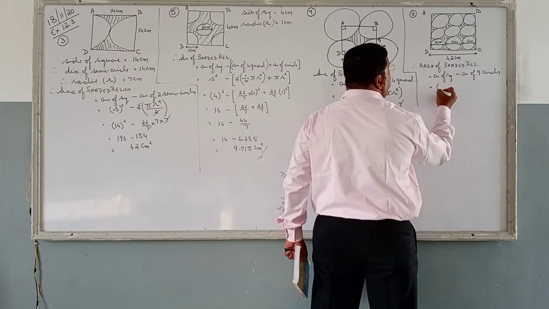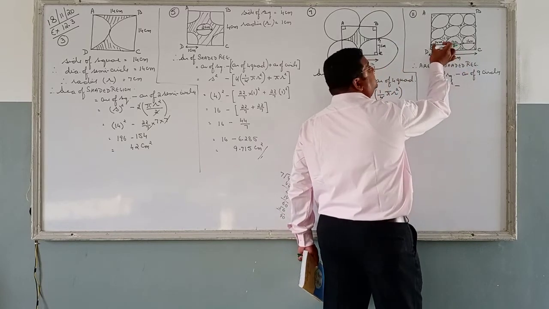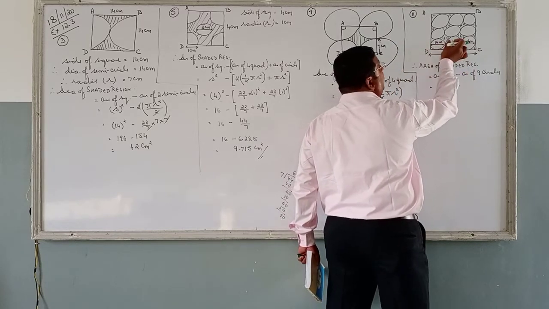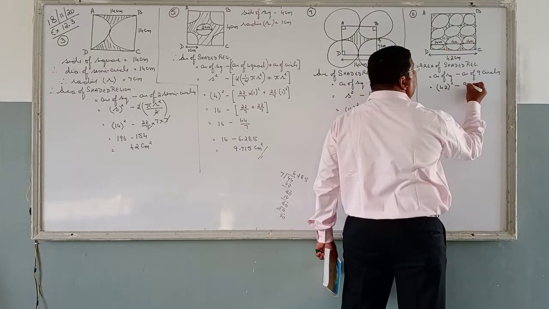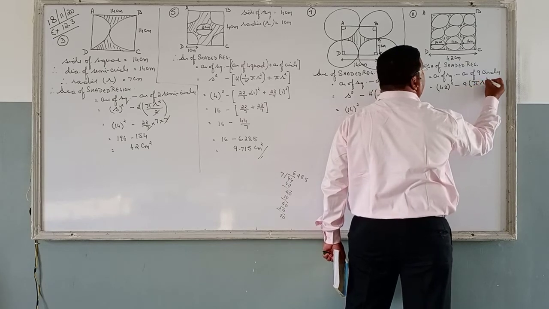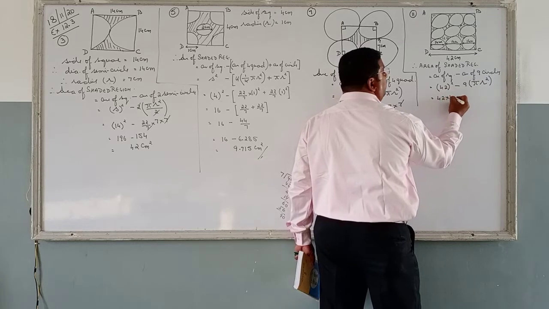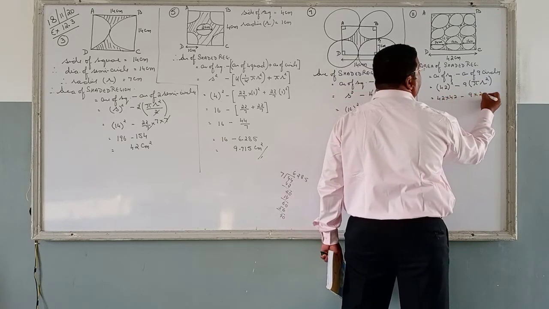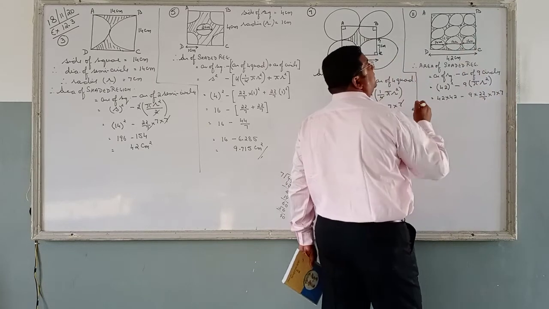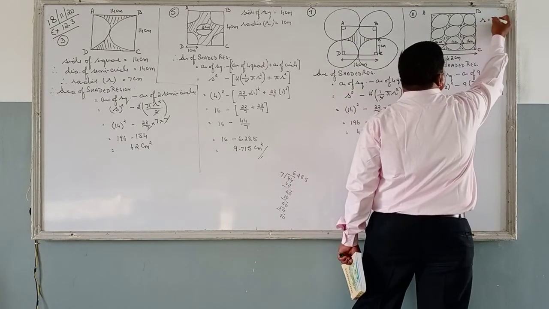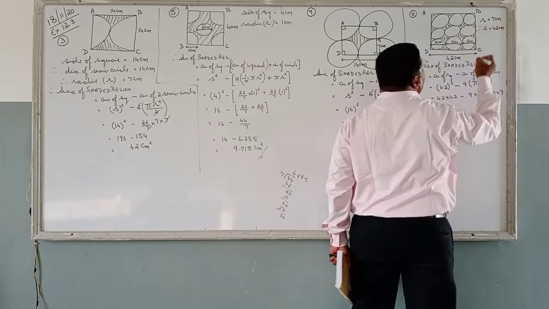So area of the square is 42 square, because the side of the square is 42. 7 was the radius, so 7 plus 7, 14 plus 14 plus 14. 42 minus 9 circles, 9 into pi r square. Solve it. 42 into 42 minus 9 into pi, 22 by 7 into r square, 7 into 7. The radius of the circle was 7 centimeter and side of the square was 42 centimeter.